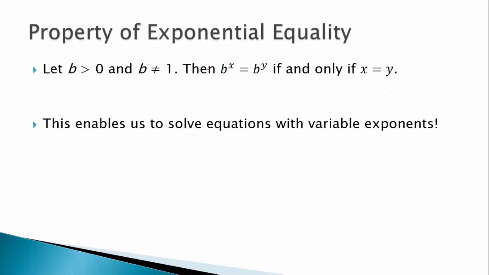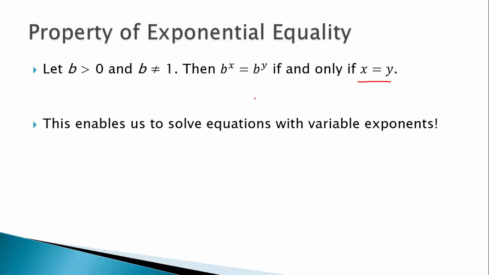The way to do that for most equations is going to be the property of what we call exponential equality. Essentially, if you have a base that's positive and not equal to 1, and you have like bases in an equation, b to the x equals b to the y, that's only going to work if the exponents are the same, which makes perfect sense.